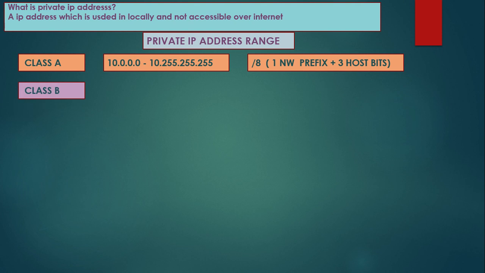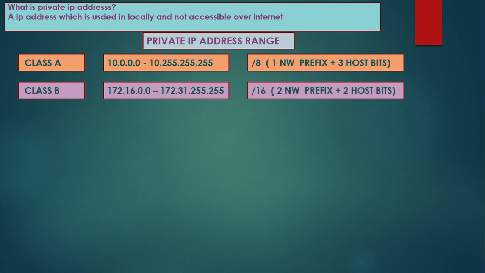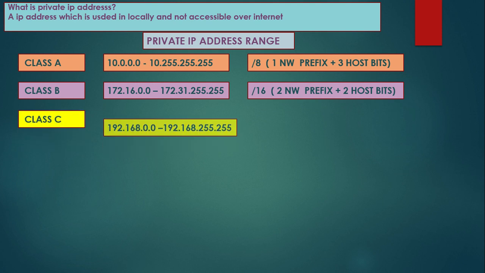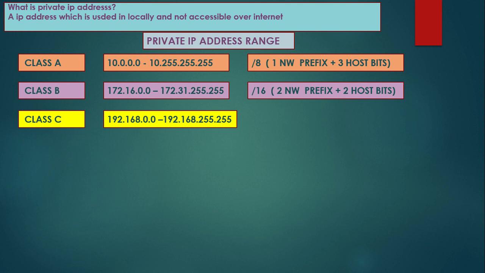From Class B, they took the 172 series from 16 to 31. These Class B IP addresses have a 16-bit network prefix and 2 host octets. From Class C, they took the 192.168 series totally for the private IP address range.